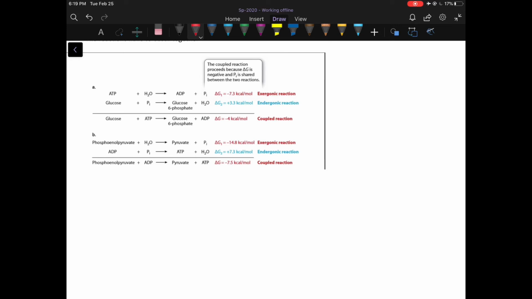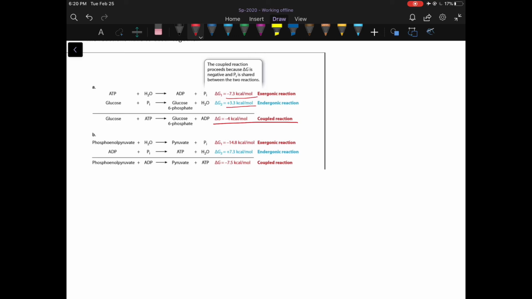So if we look at example A here, the hydrolysis of ATP to ADP and phosphate gives you a delta G that is negative. And the reaction of glucose and phosphate to glucose 6-phosphate and water has a positive delta G. To drive that reaction, these two reactions couple together, and the difference between their delta G's will give you the coupled reaction.